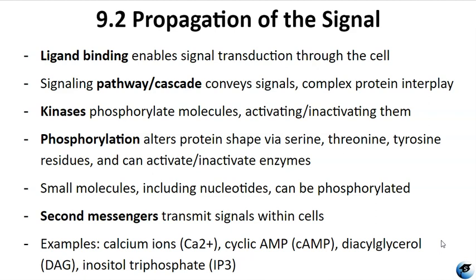You have nucleotides and other small molecules that also undergo phosphorylation. And then you have second messengers like calcium ions, cyclic AMP, diacylglycerol, DAG, and inositol triphosphate, IP3, that transmit signals within the cells and play vital roles in cellular communication.